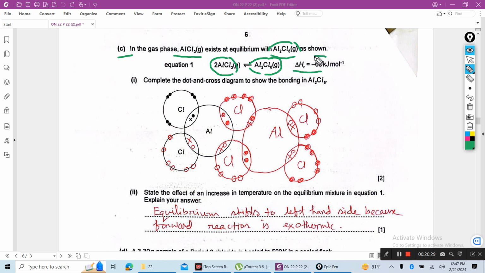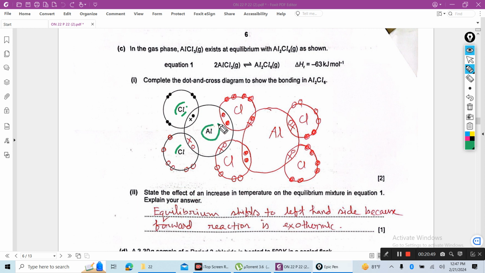This is an exothermic reaction. Now you are asked to complete the dot and cross diagram to show the bonding in Al2Cl6. Now you know they form two dative bonds.